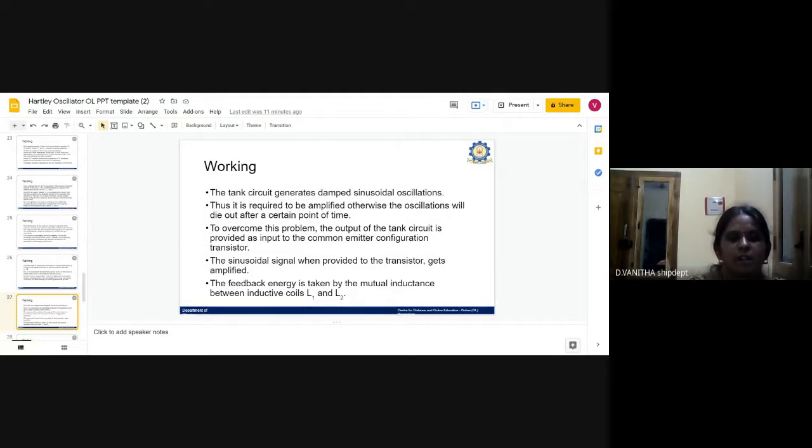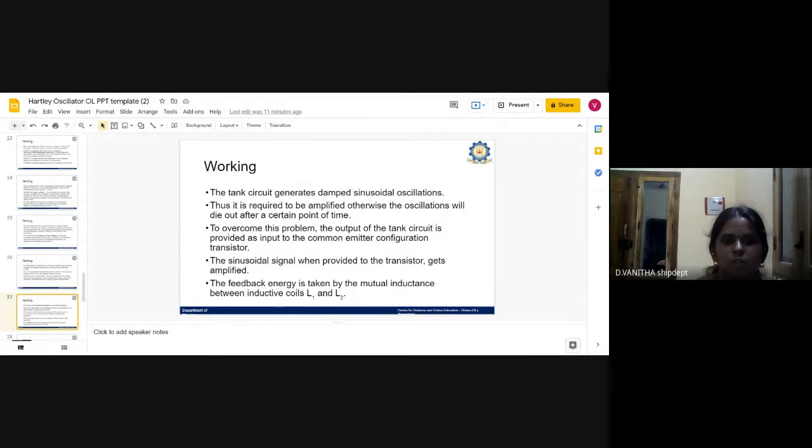Here, the tank circuit generates some damped sinusoidal oscillations. So the oscillations are amplified, otherwise the oscillations will die out after a certain point of time.